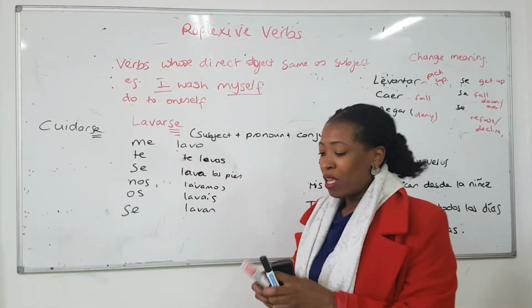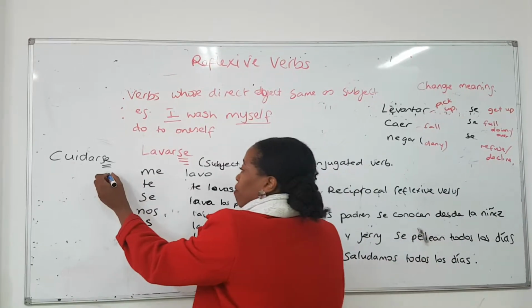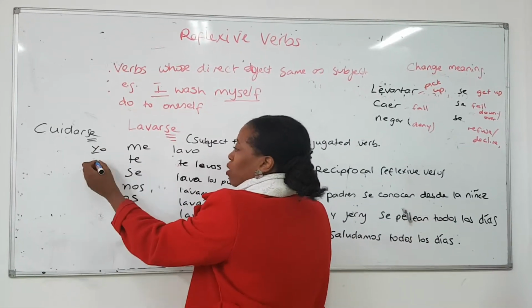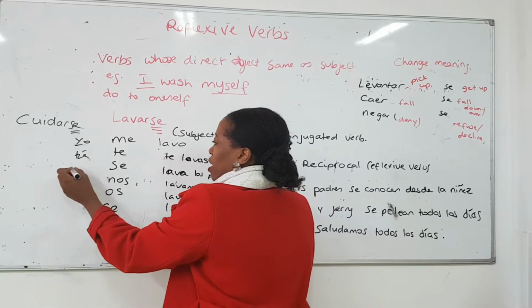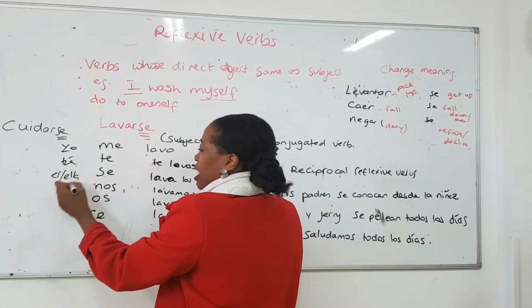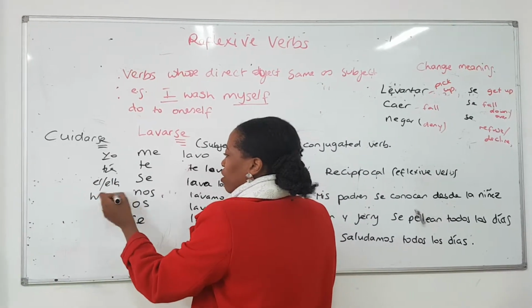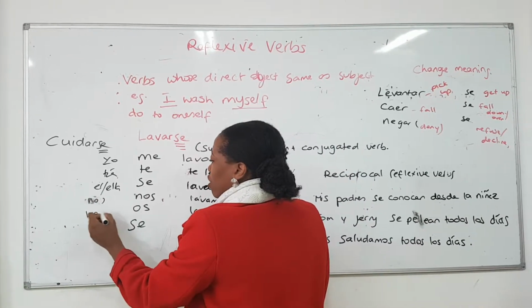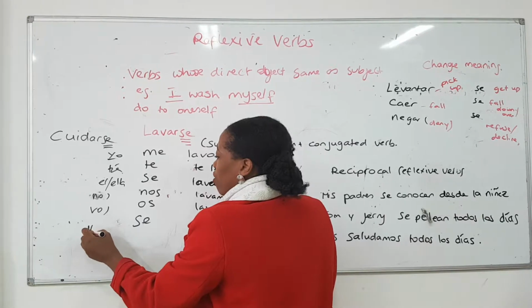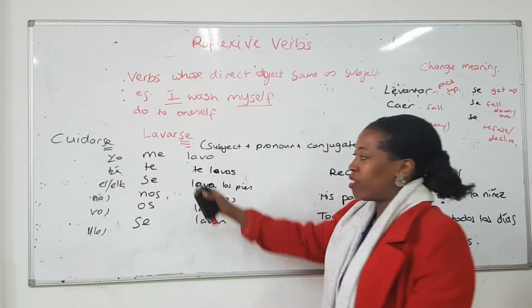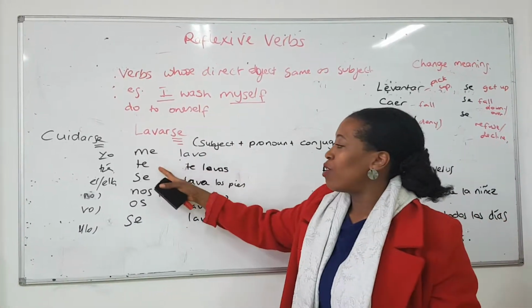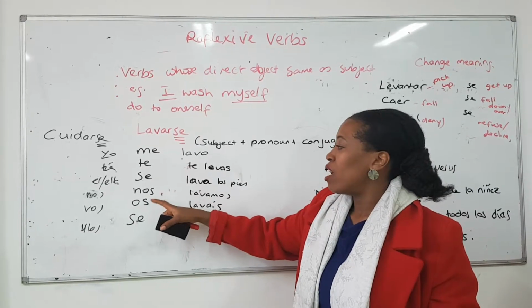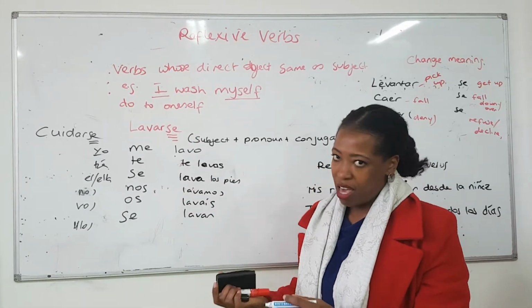So yo, me; tú, te; él or ella, se; nosotros, nos; vosotros, os; and ellos or ellas, se. So this is the order: I, you, he or she, we, you plural, and they.